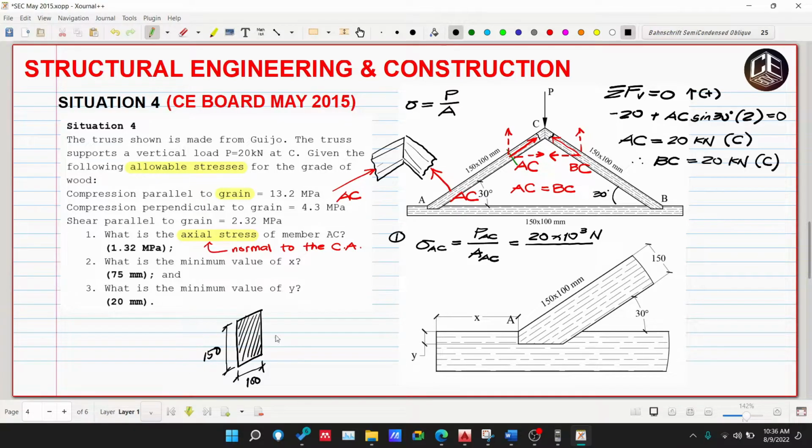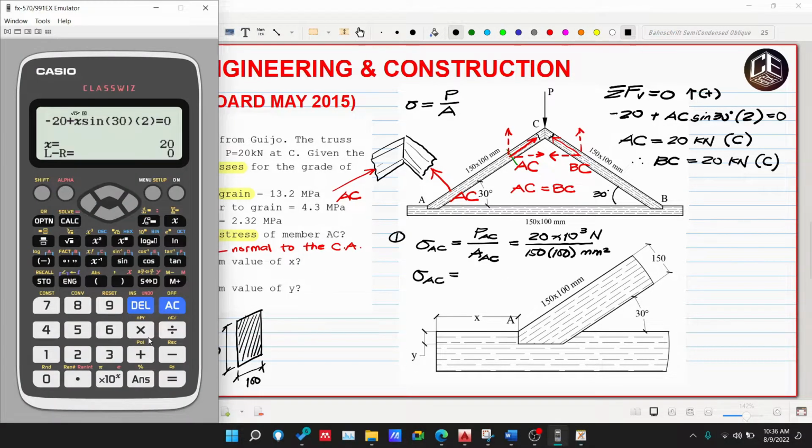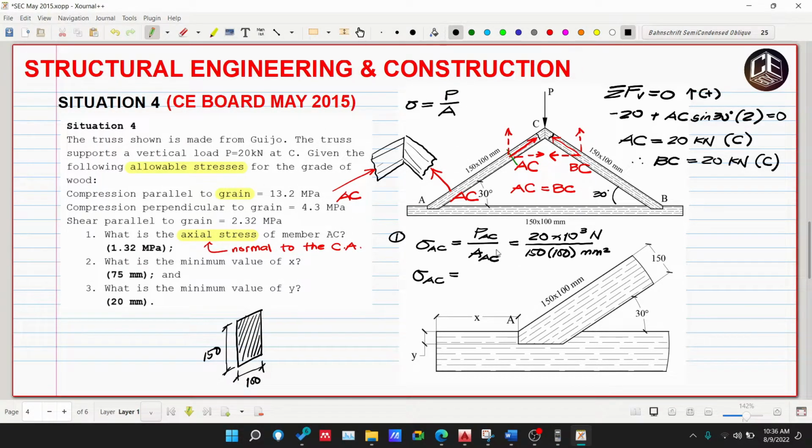Ang area natin is 150 multiplied by 100. Kung millimeters to, therefore this is millimeter squared. And newton per millimeter squared is megapascal. So 20 times 10 raised to 3 over 150 multiplied by 100. So this is 1.333.